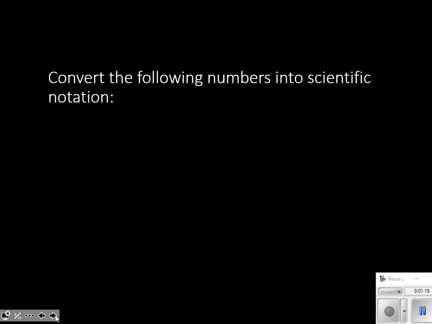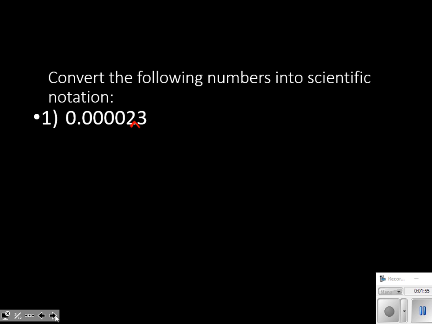All right? So the very first thing we are going to do is convert the following numbers into scientific notation. As I look at this one right here, I see my decimal. I am going to be moving my decimal into a number that is between 1 and 9, so I am going to move my decimal to right here in between the 2 and the 3.